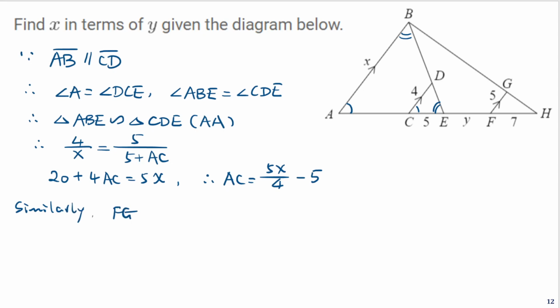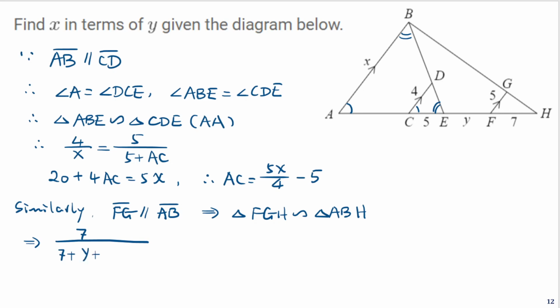from FG is parallel with AB, we can have triangle FGH is similar to triangle ABH, right? Which gives 7 over 7 plus y plus 5 plus AC equals 5 over x, right? And then we can substitute AC using this expression here.